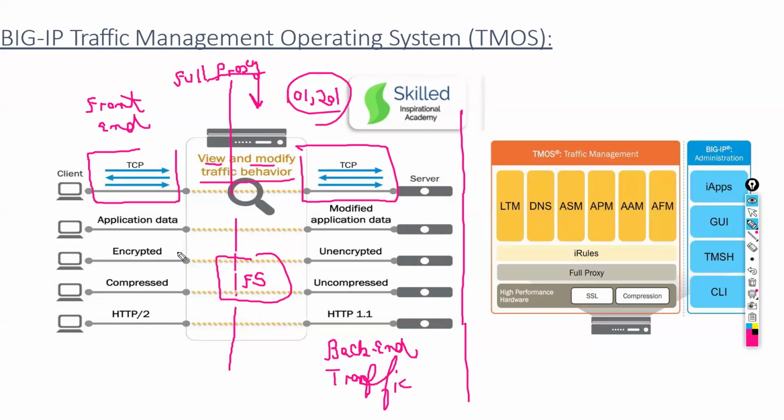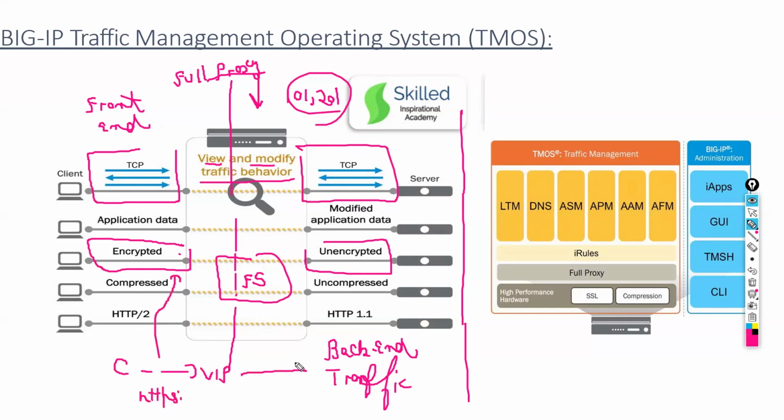So this traffic can be encrypted. Your front-end sessions can be encrypted. This can be unencrypted. Means your client to virtual IP. When you access your website on HTTPS, that is encrypted. But communication from F5 to the back-end server can be unencrypted. So there will be two dedicated sessions, one from client to F5, one from F5 to the server.